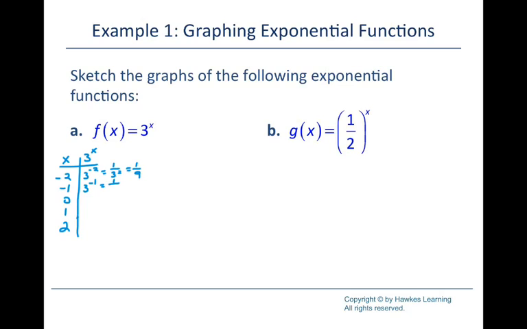So it's 1/3 to the first, or 1/3. Anything to the 0 power is 1. And that's why the point 0, 1 is always on the graph. Then we have 3 to the first, so that'll be 3. And 3 squared, which will be 9. Okay?